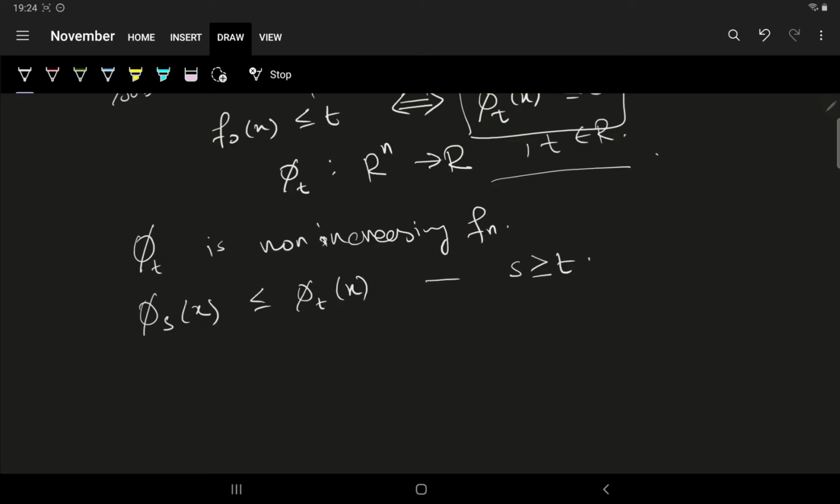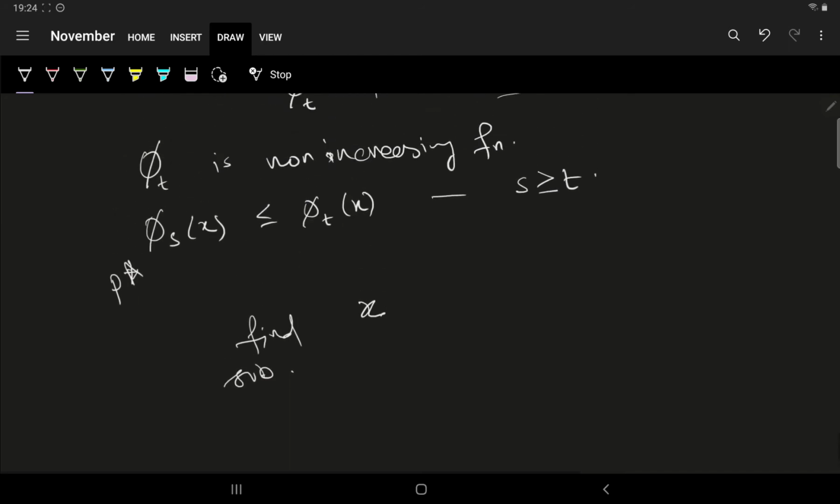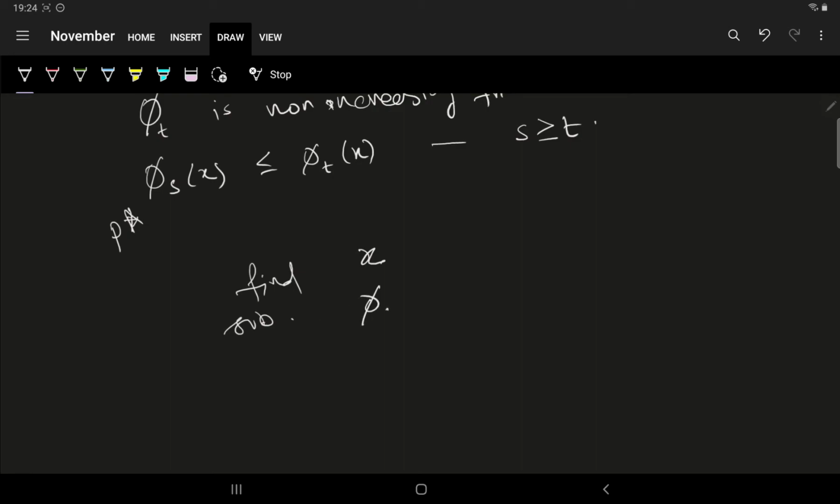Okay, so we say p star is the optimal value of a quasi convex problem if the feasibility problem: find x subject to phi t of x lesser than or equal to 0, fi of x lesser than or equal to 0 and Ax equals b.